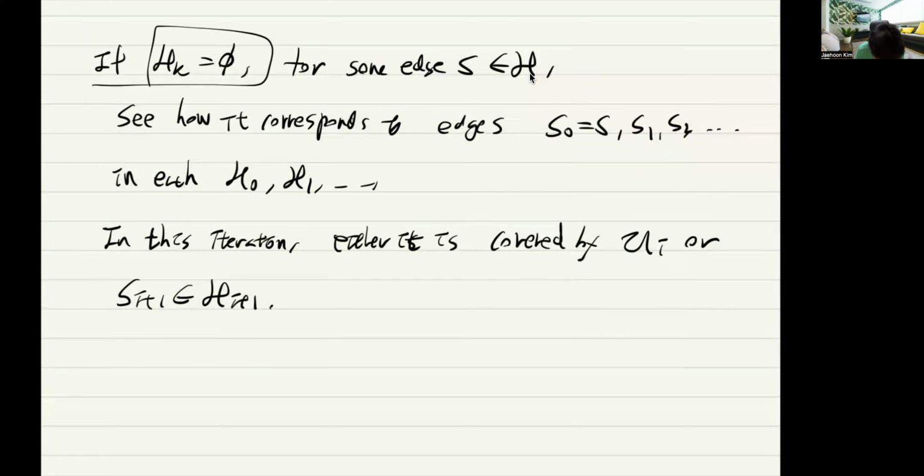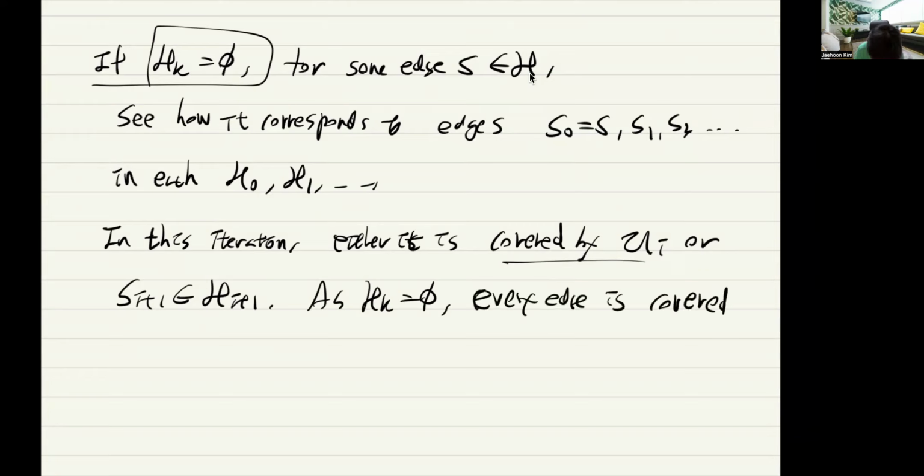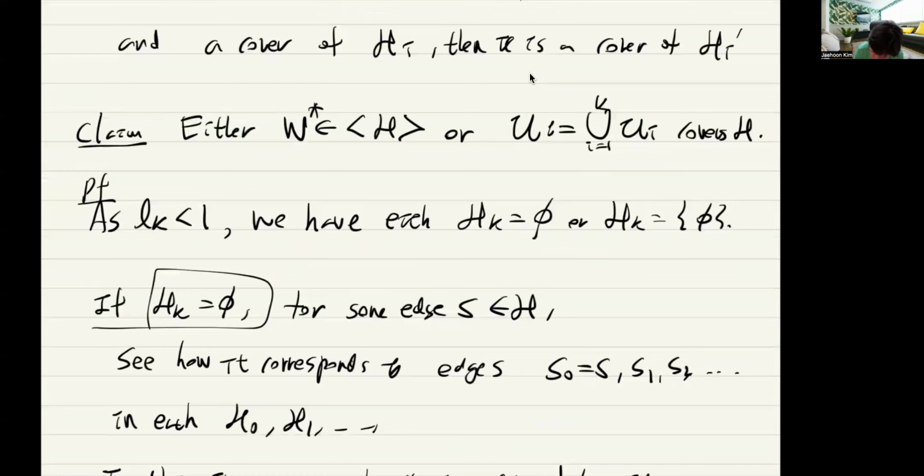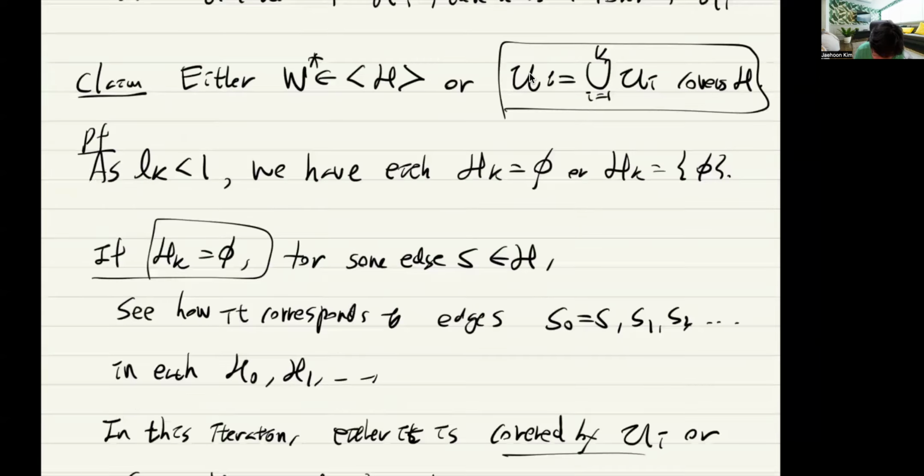But since this contains no edge, it means that every edge is covered at some point. As it's empty, every edge is covered at some iteration. Hence, every H is covered by U.